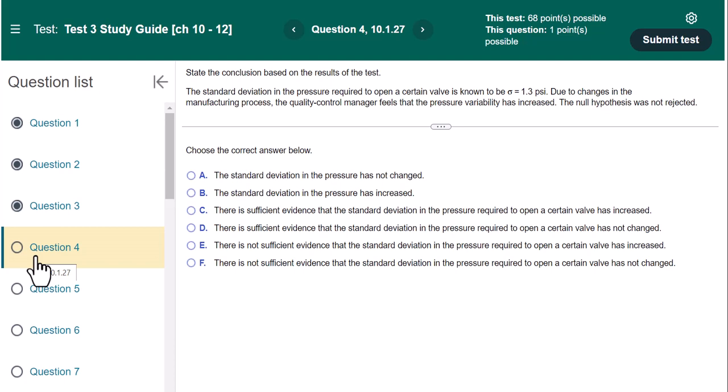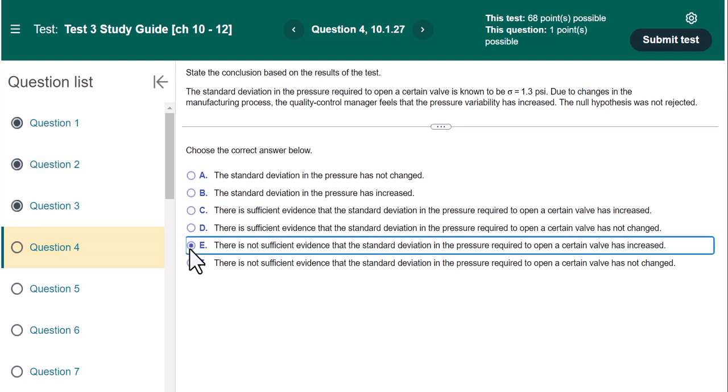That means the variability probably did not increase. So you will say there is not sufficient evidence that the standard deviation in the pressure required to open a certain valve has increased. So that would be E here.